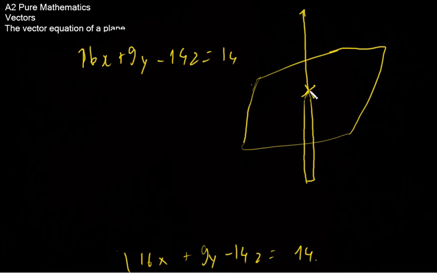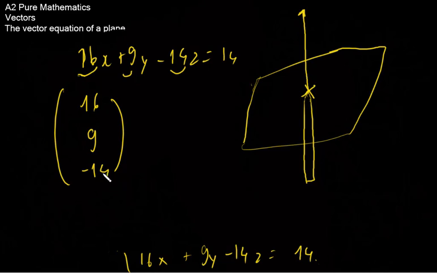As it makes a perpendicular line with the plane, the funny thing that happens is that its direction will be equal to (16, 9, -14), that is, the constant before x, the constant before y, and the constant before z.